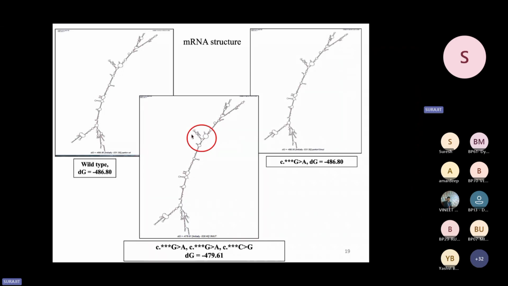Here we see a structural change in this position of the mRNA fold, which was not found in the mutant as well as the wild type. And this delta G value, which is the free energy value, is increased in the case of the mutation plus two SNPs variant, which shows that there must be some problem relating to the SNPs with the mutation.